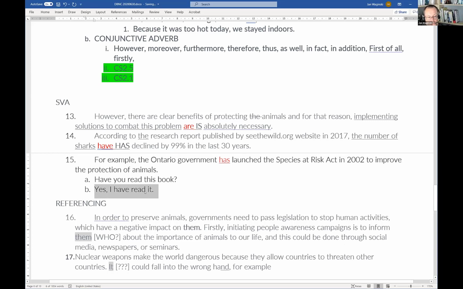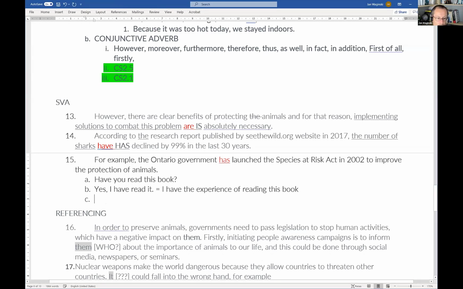That information is not contained in this sentence. What this sentence means is, I have the experience of reading this book at some point in the past. People say, have you ever studied French? Yes, I have studied French. Right, I have that experience.